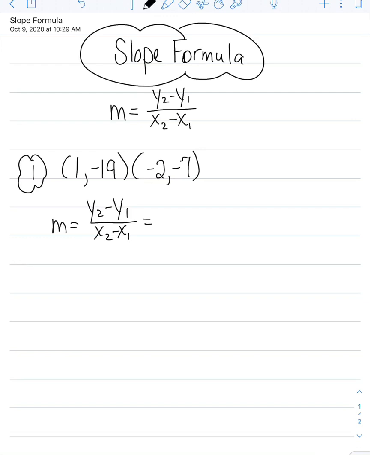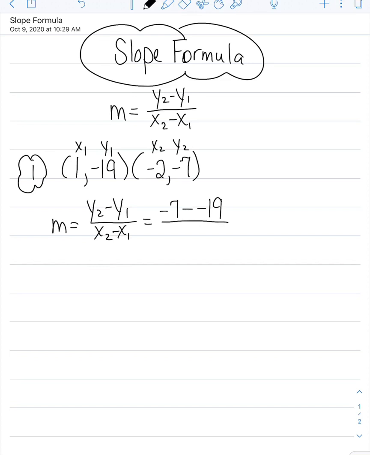Next, I'm going to label my points. Remember, points or coordinates are x, y. Out of the 2 points, this is the first x, first y. This is the second point, so this is the second x and the second y. So now I'm going to set up the ratio by plugging those numbers into the formula. Take the second y, minus the first y, which is negative 19.